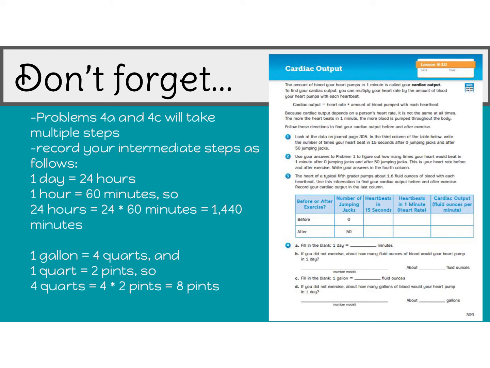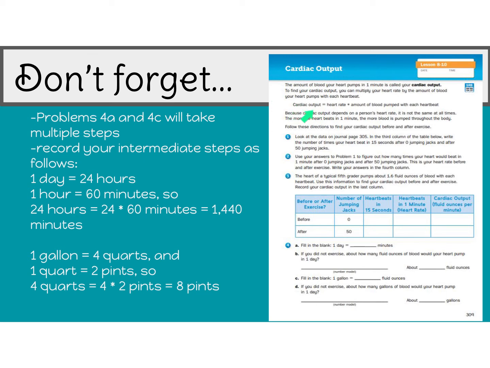On your next page, which should be 309 in your student math journal, take a look at the top. It says the amount of blood your heart pumps in 1 minute is called your cardiac output. To find your cardiac output, you can multiply your heart rate by the amount of blood your heart pumps with each heartbeat. So they're going to give you another little formula here.